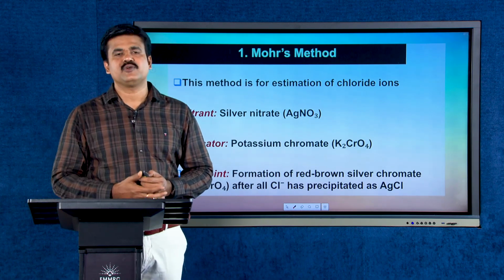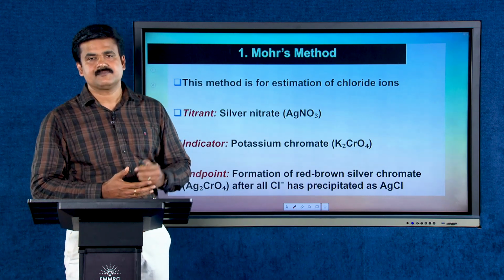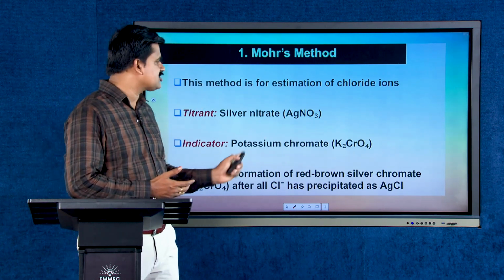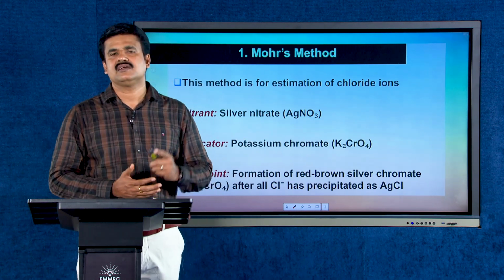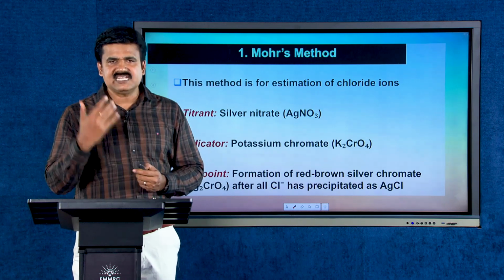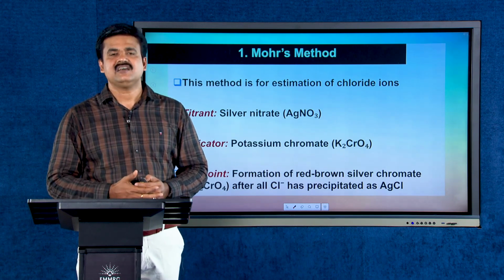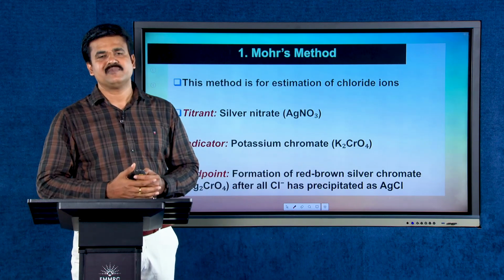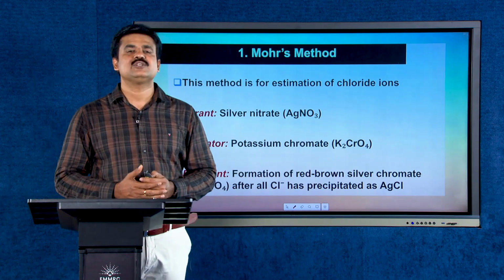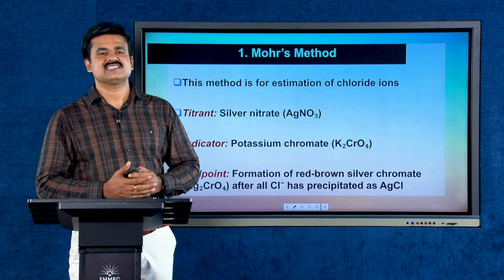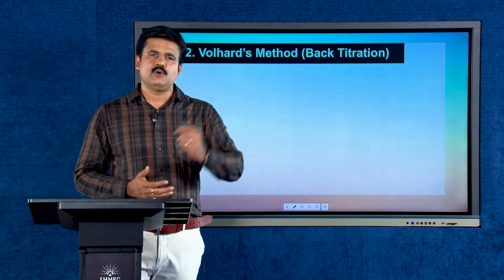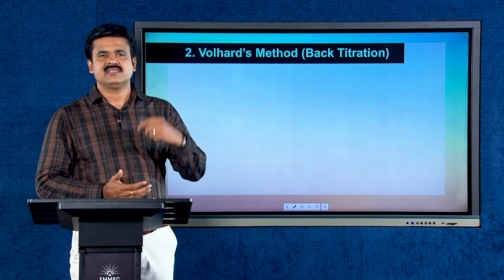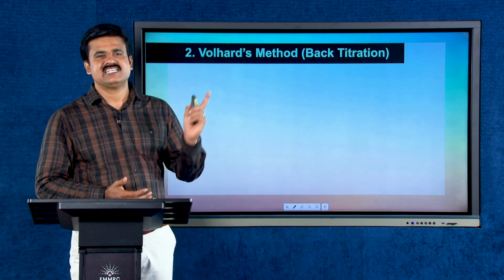At the end point, you can note a color change, and the formation of red brown color indicates the end point in the reaction. This red brown color is owing to the formation of Ag2CrO4, that is nothing but silver chromate.